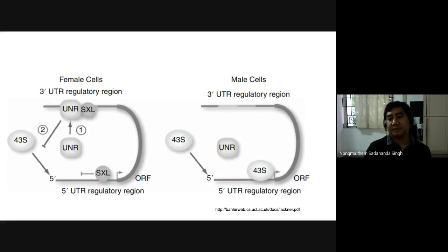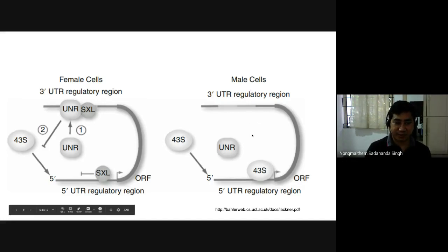Okay, and because of the presence of SXL in female cells, the male specific genes are not translated in the female cells. And because of the absence of SXL in the male cells, the male specific genes are translated.